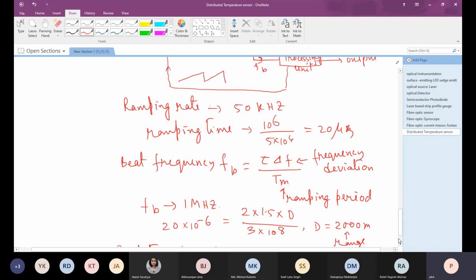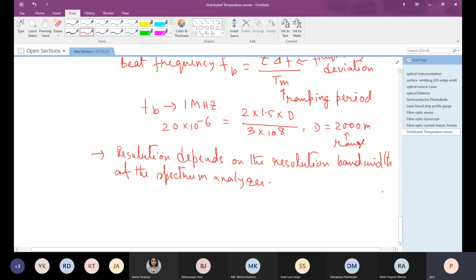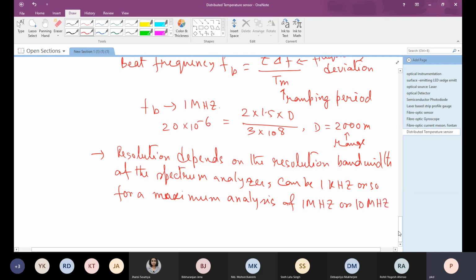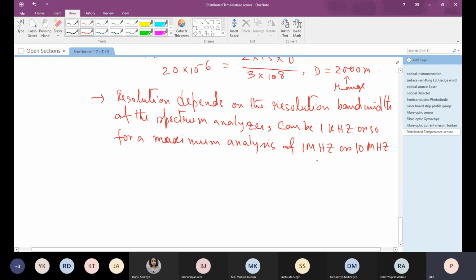That means 2 meters or so can be resolved. 1 kilohertz or so can be available, for a maximum analysis of 1 megahertz or 10 megahertz. So therefore we can get the resolution 1 in 1000, like 2 meters.